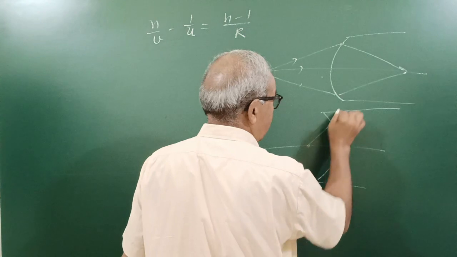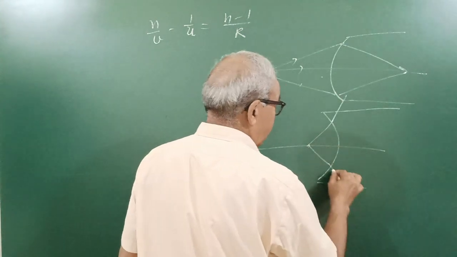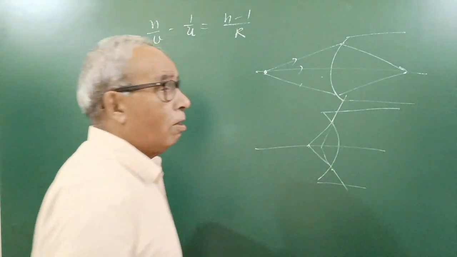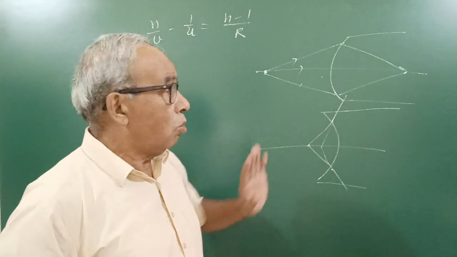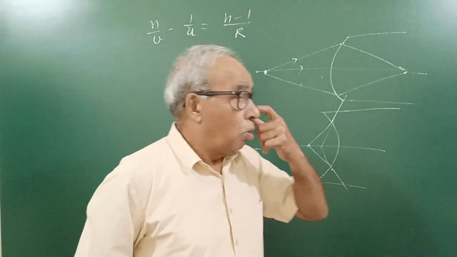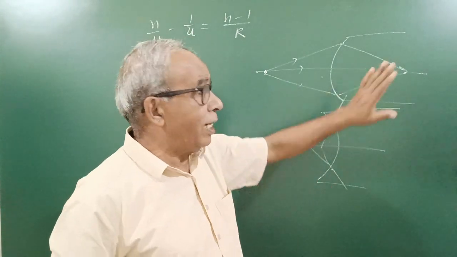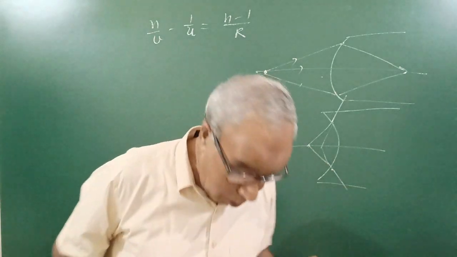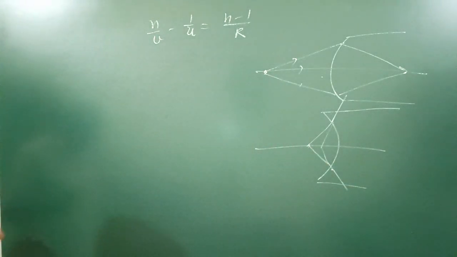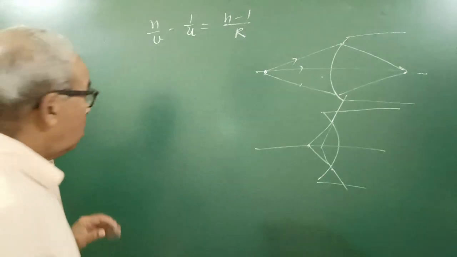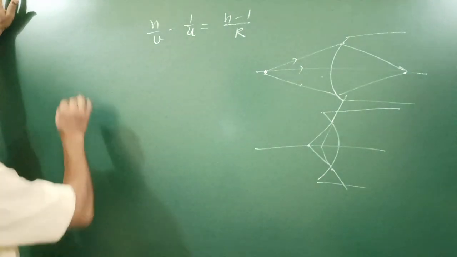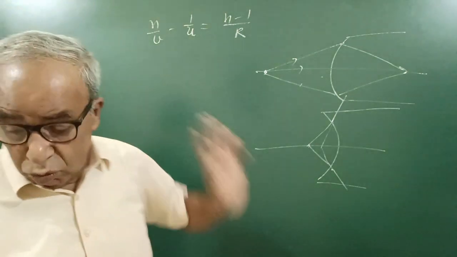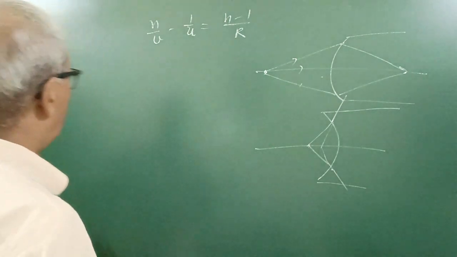It diverges the beam like this, and images are obtained like this. So, to understand this converging, diverging behavior, a fundamental thing is required, which is called focus. So I will tell you principal foci.